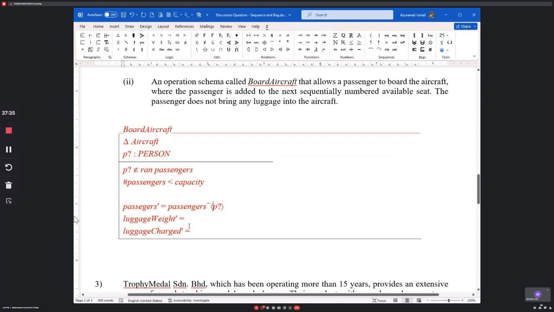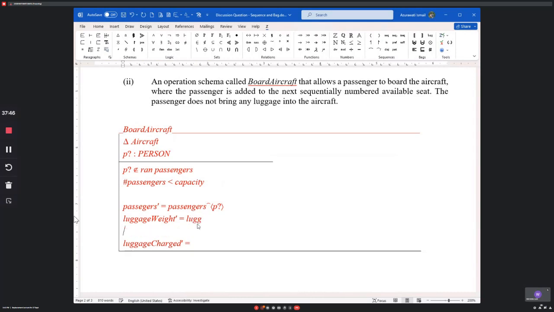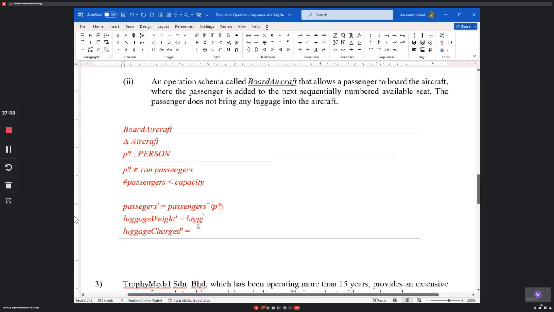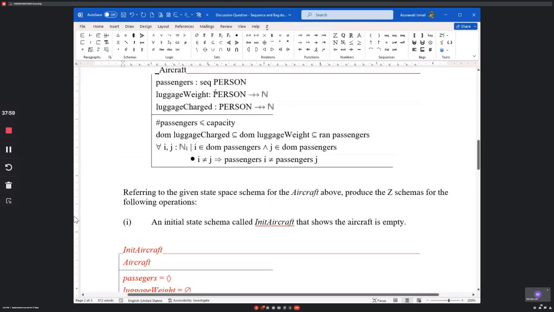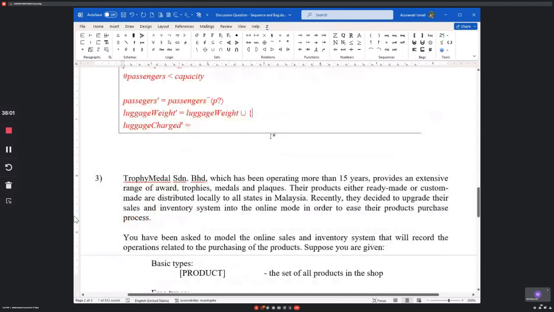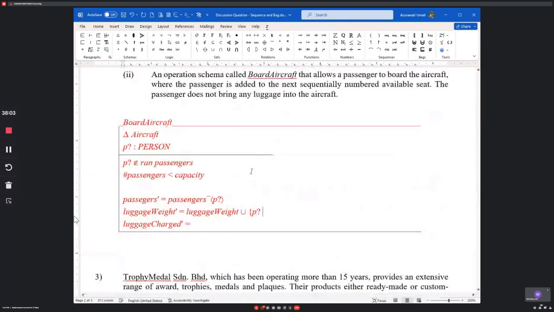And then after that, we have to update luggage because no luggage was brought by the passenger. So of course, no charge for the passenger. So you just put a normal update. You put union, and then person, meaning P question mark maplet to 0.